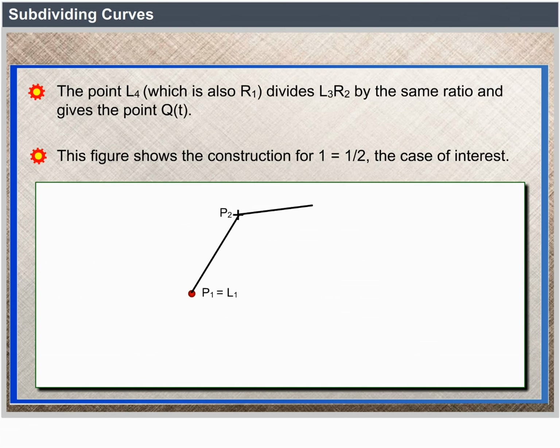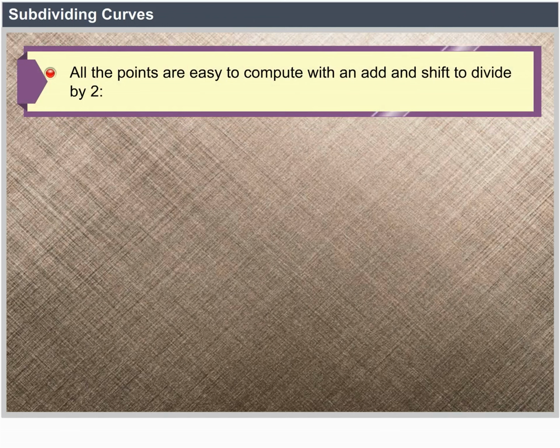This figure shows the Bezier curve defined by the points Pi divided at t equals 1/2 into a left curve defined by the points Li and a right curve defined by the points Ri. All the points are easy to compute with an add and shift to divide by 2 per equation shown.